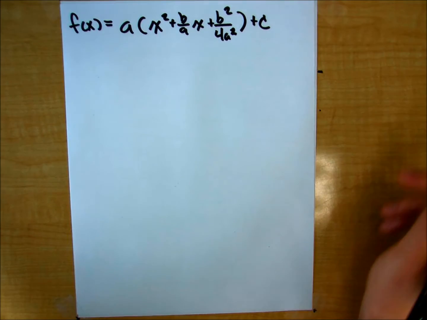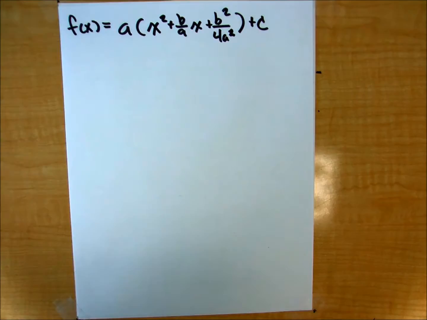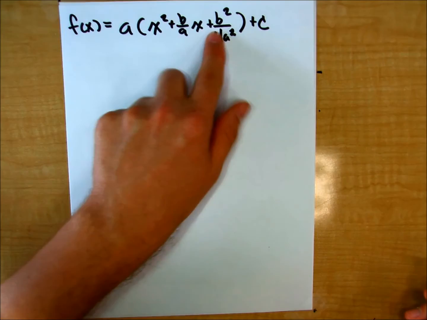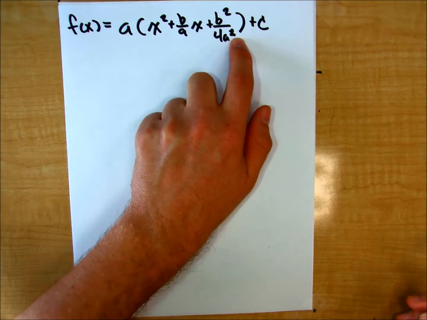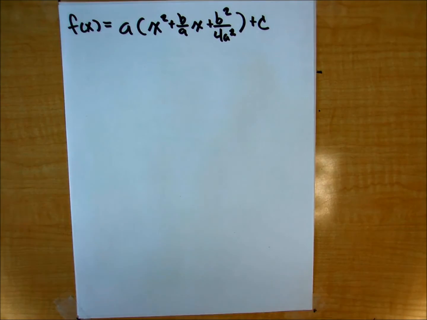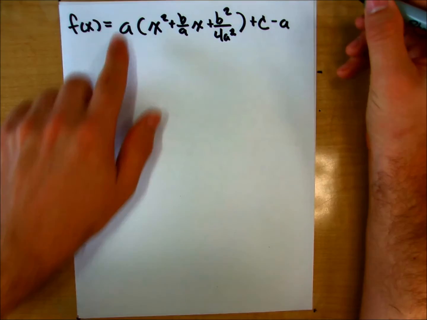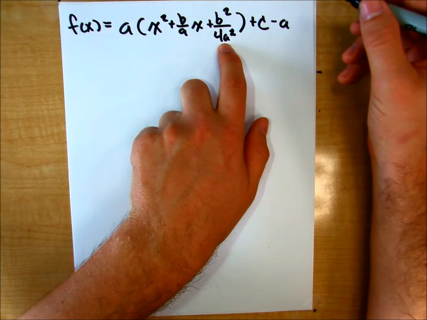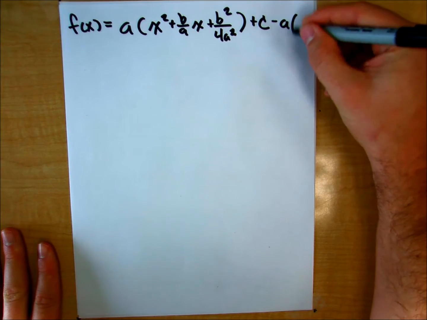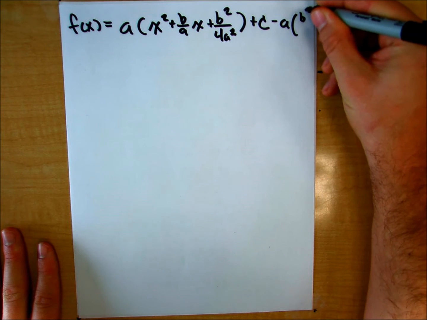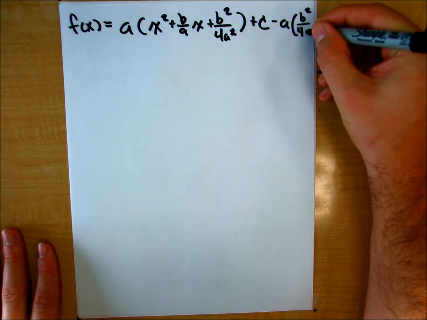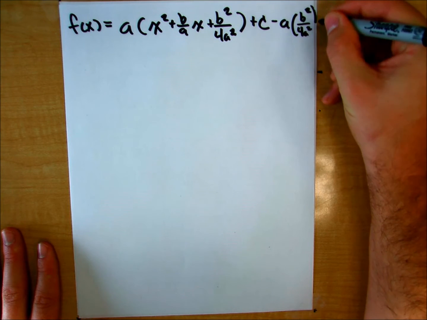Now there's a problem here. I just added this term, b squared, or actually a times b squared over 4a squared. So I'm going to have to subtract that term as well to keep it equal. So I'm going to subtract a times b squared over 4a squared.